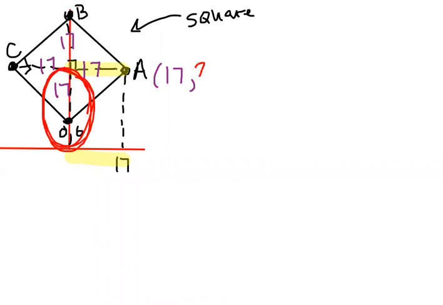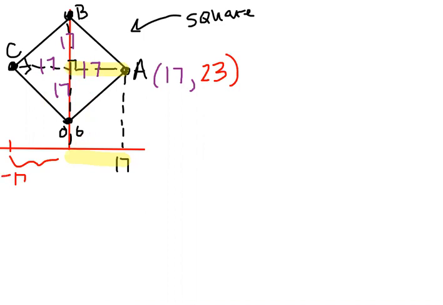So that's where you're going to get the y coordinate for point A, 17, 23. It'll be mirrored for point C. We'll go negative 17 on the x-axis, and then you'll have to go up the same 23. So for point C, it's negative 17 with a positive 23.